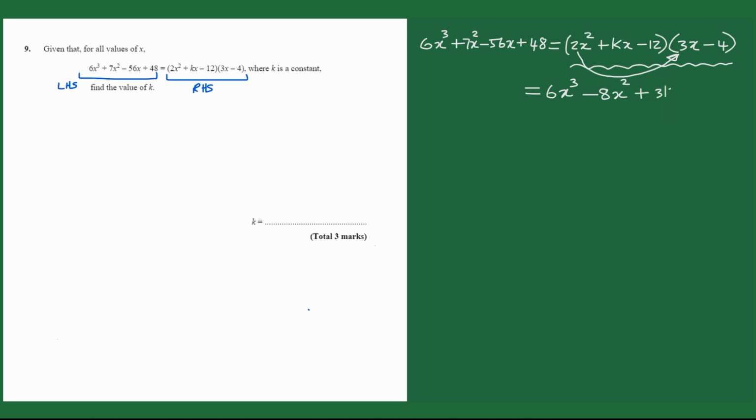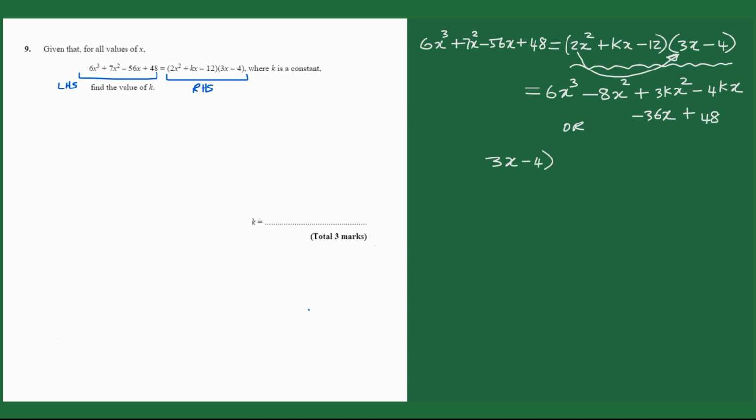Then plus kx times 3x is 3kx squared. kx times minus 4 is minus 4kx. Minus 12 times 3x is minus 36x. Plus, minus times minus is plus, 12 times 4 is 48. So I expanded the 2 brackets.